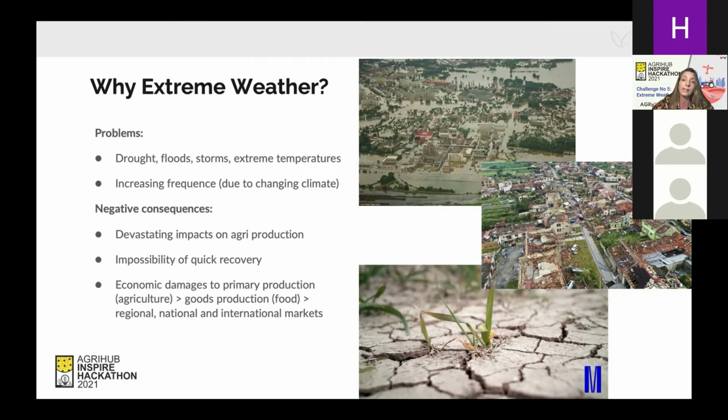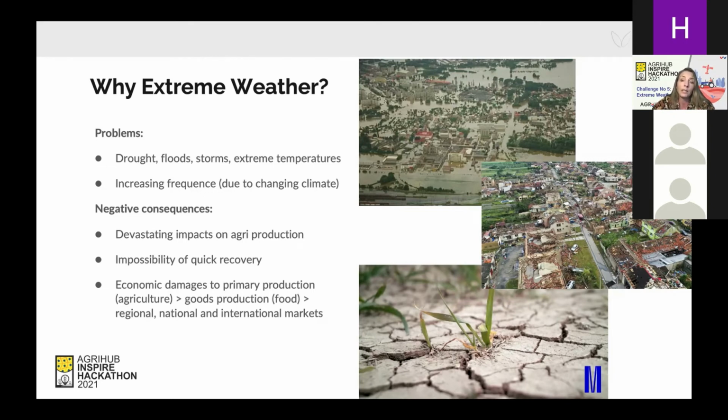So all these negative experiences that can be seen on this slide are the merit of this challenge. We would like to have a look at droughts, floods, storms, extreme temperatures, extreme droughts, and extreme rains as well. Of course, these unusual weather events are happening more and more often due to the changing climate worldwide.